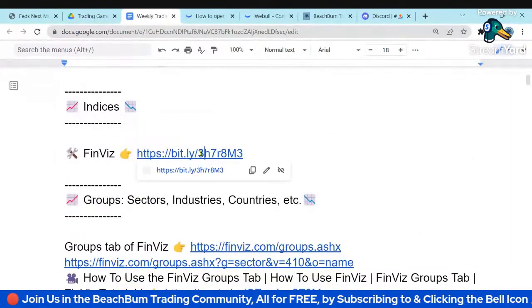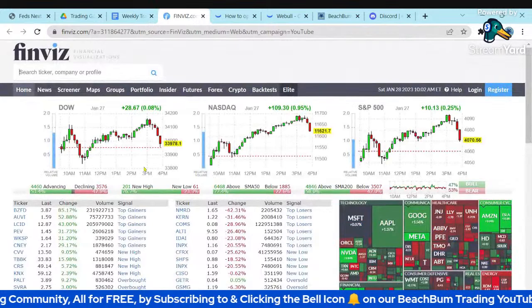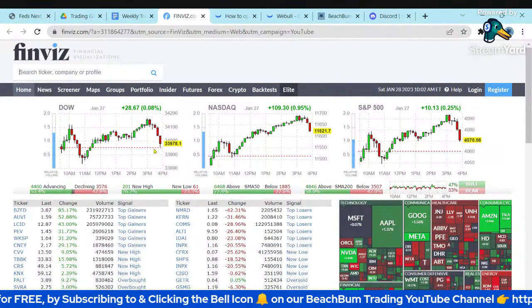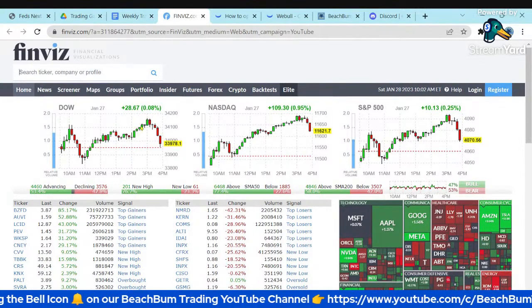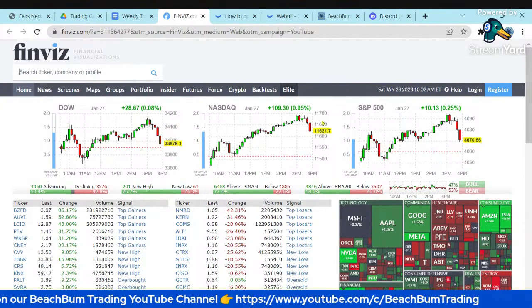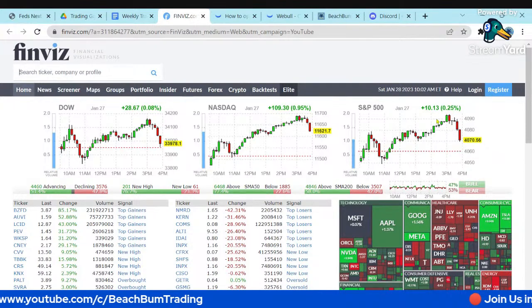So let's get started. We'll jump over to FinViz. We'll see how the markets ended up the week. We can see it was kind of choppy on Friday. They were trying to run the markets up for most of the day, and then towards the end of the day, all the major indices declined somewhat, but they all ended up positive. The Nasdaq was the outperformer at almost 1% up.